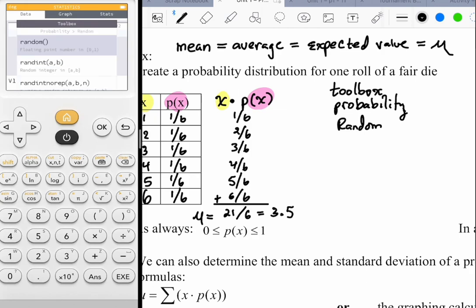You see random with the parentheses, and then you see random A comma B. When you go into the fill with a formula, the template, those are just suggestions. You can modify those as much or as little as you want. All right. So I would select rand AB. All right. So randint AB.